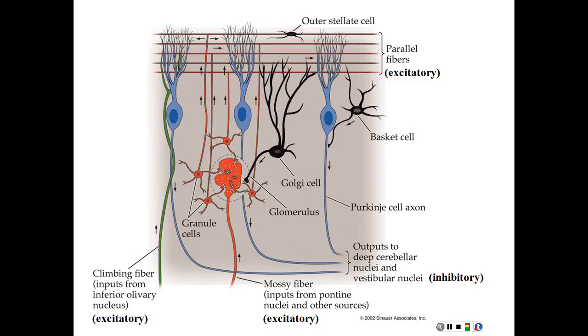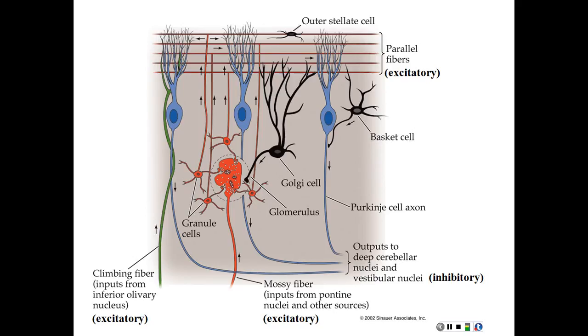So what I want you to think of when you look at this schematic is that the inputs coming into the cerebellum are tremendously positive. It doesn't matter what specific type those are. So these climbing fibers and these mossy fibers are providing excitation within the cerebellum.